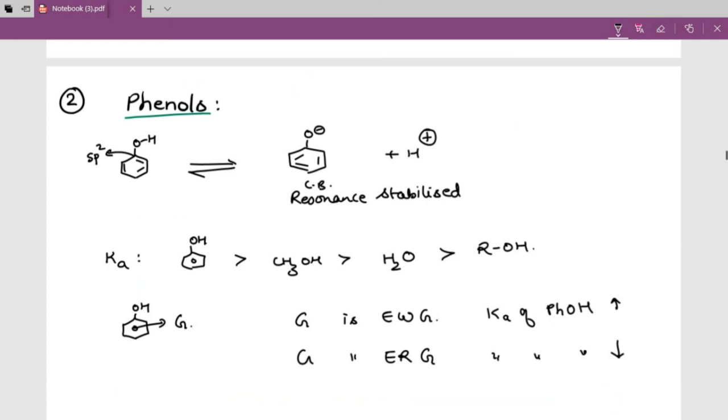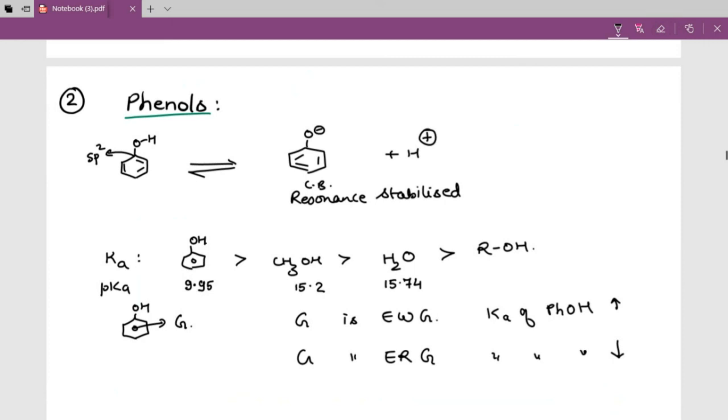Here, pKa of phenol is 9.95. 15.74 is for water. If I talk about methanol, it is 15.2. Correct?